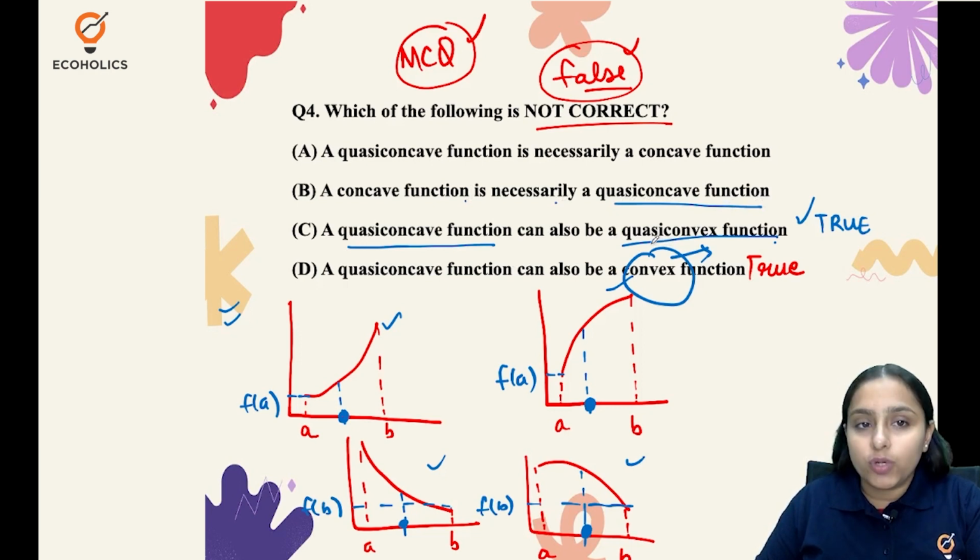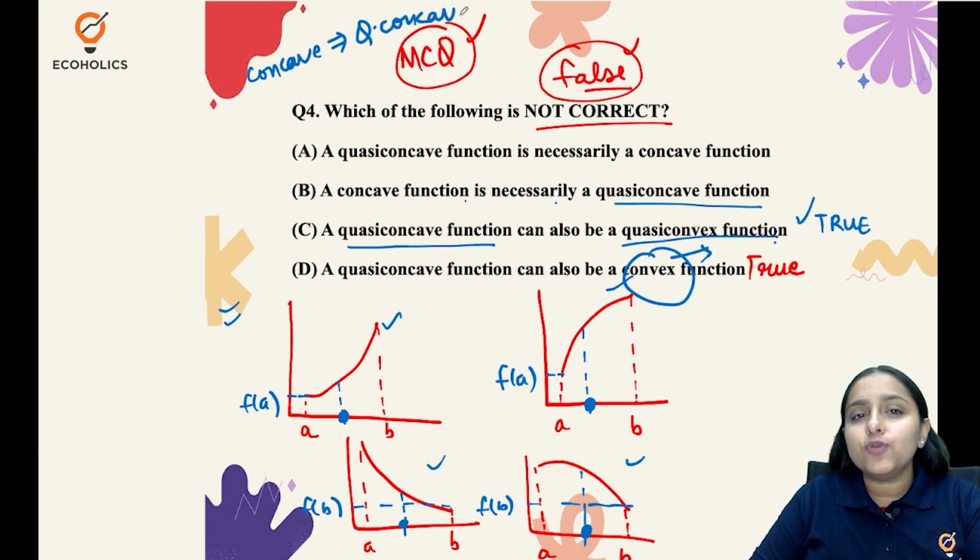This is totally true. If a function is concave, it implies it will be quasi-concave, because that has to happen. Either a concave function can be quasi-convex also, that is not necessary, but if a function is concave, then it will definitely be quasi-concave. You cannot stop it. But the vice versa is not true.